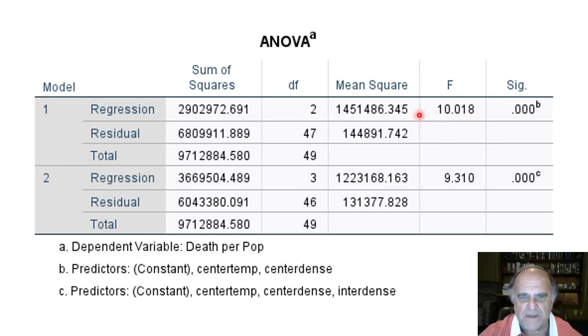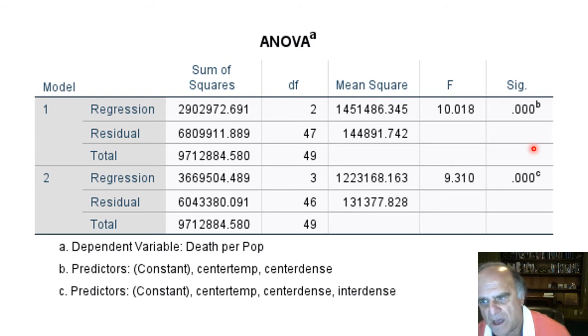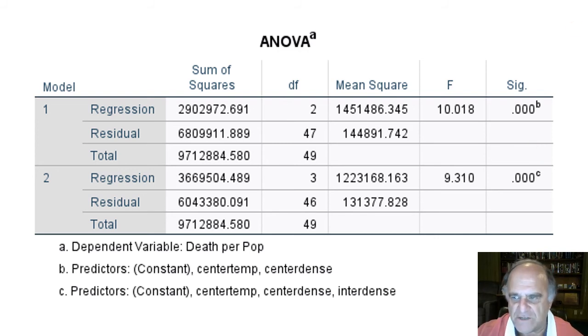The F is mean square regression divided by mean square residual. And then, of course, SPSS looks up the probability level associated with that F and those degrees of freedom. We can see that both Model 1 and Model 2 have a p-value of 0.000.